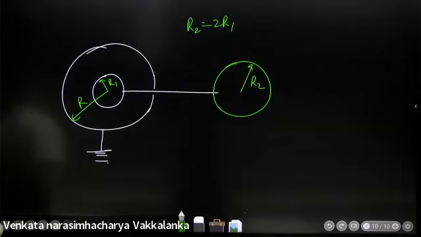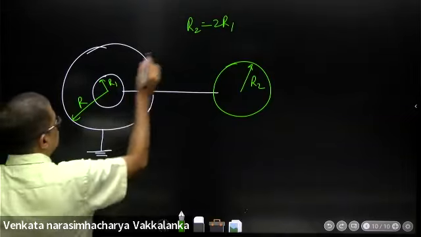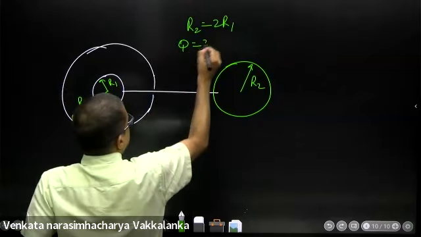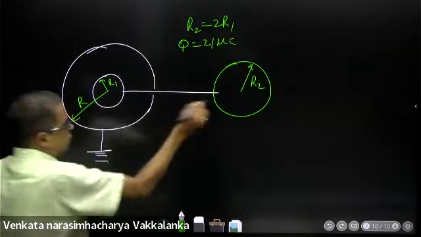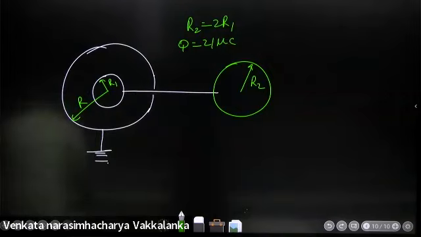Right? Total charge of 21 microcoulombs, R1 and R2 put together.